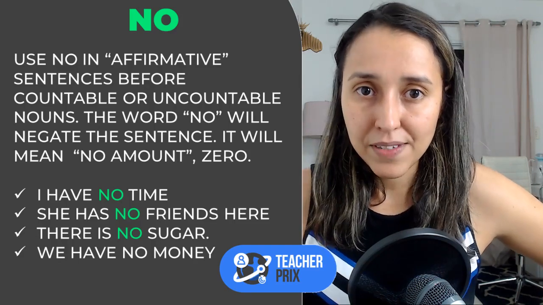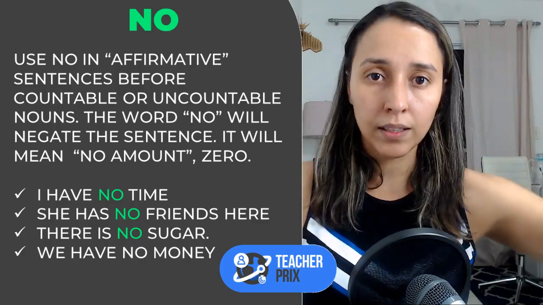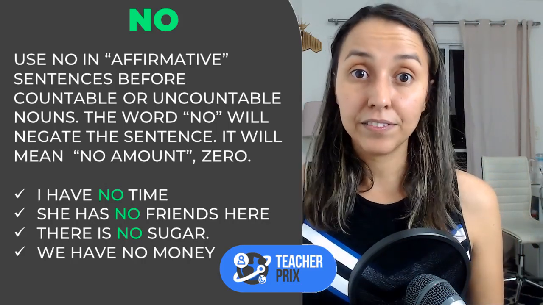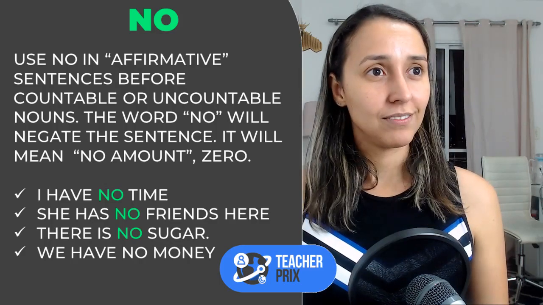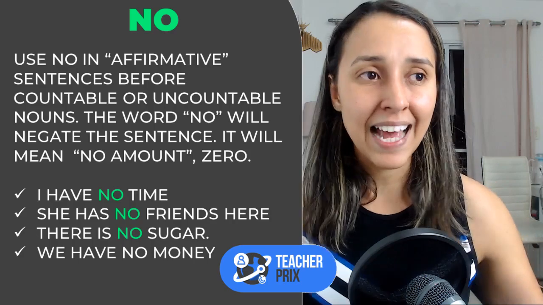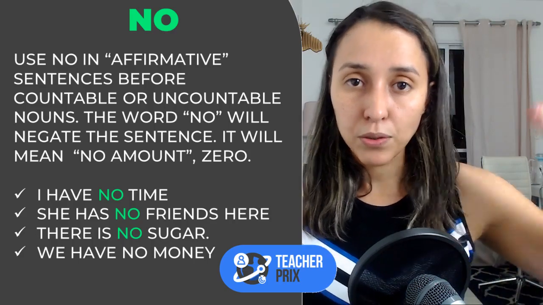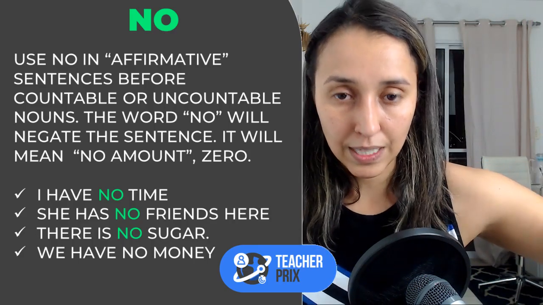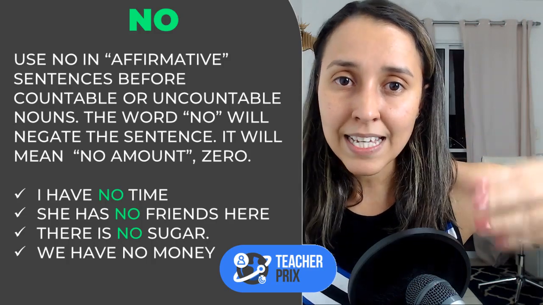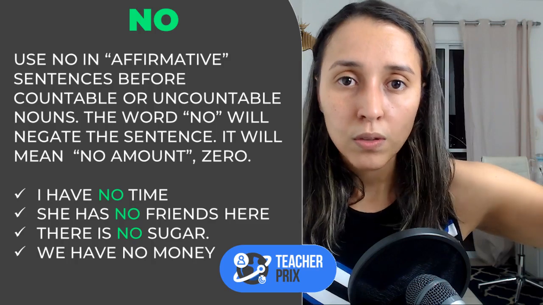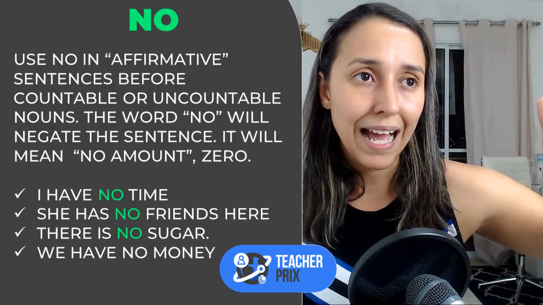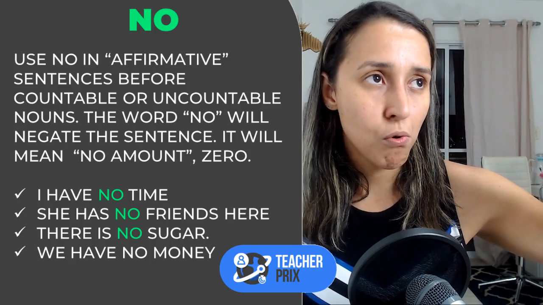This affirmative sentence will become a negative sentence. So if I say, affirmative, I have no time. Now it's negative. I have no time. But I do this with nouns, okay? This is a specific structure, and I need nouns. No money, no sugar, no time, no friends, no pets.